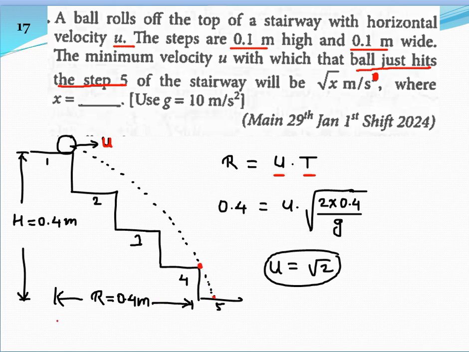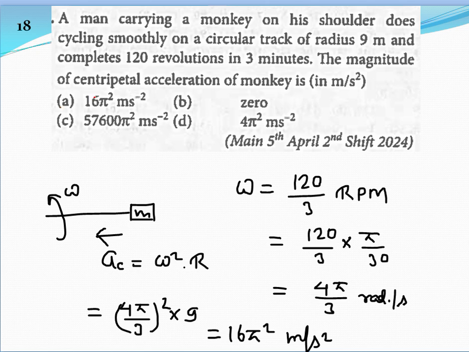Up to this horizontal range, it has covered a distance of 0.4 meter and a height of 0.4 meter. So the range is ux into t, 0.4 into root 2h by g. You will get root 2. So the answer here is 2. You can check this, be a little bit careful about such kind of question.